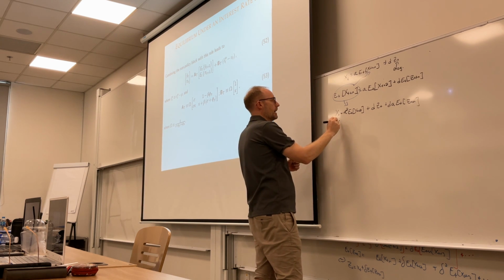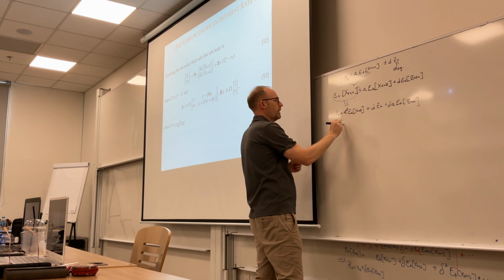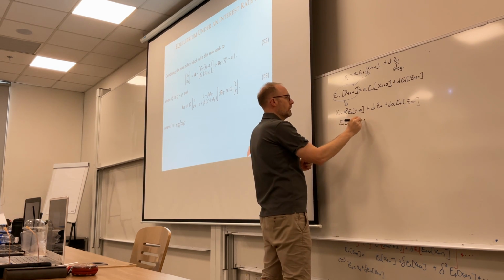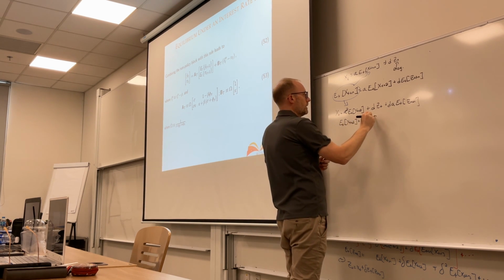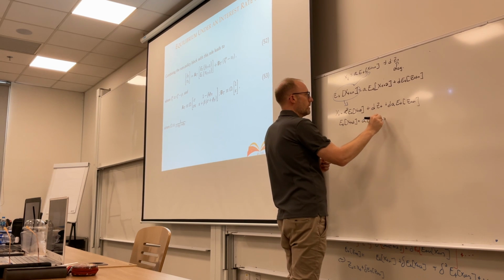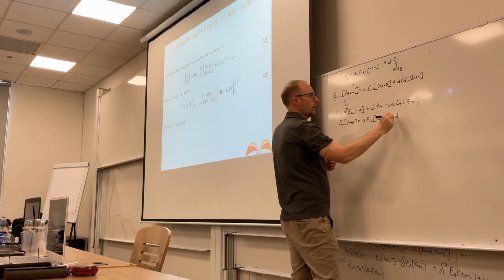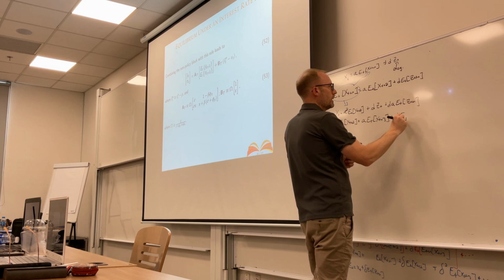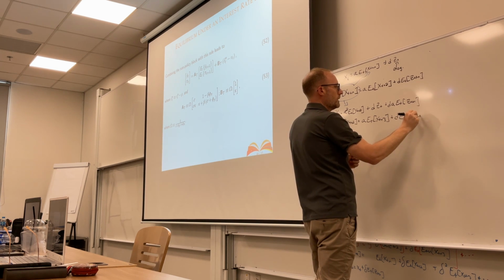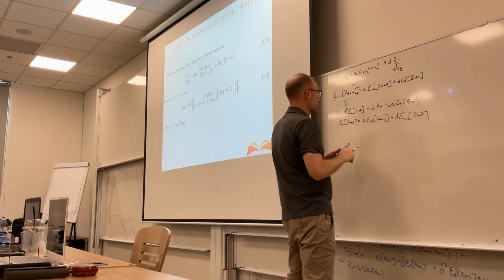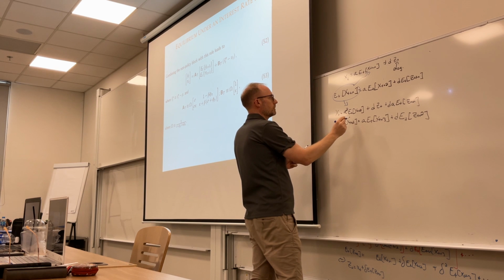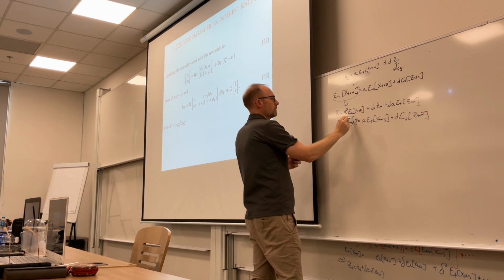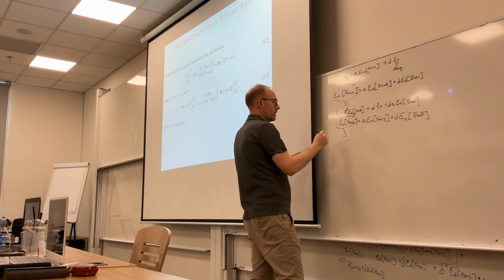Now write this again for one more period in the future. x_{t+2} equals a E_t x_{t+3} plus d E_t z_{t+2}. Plug that in there.